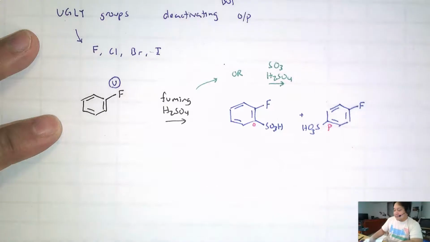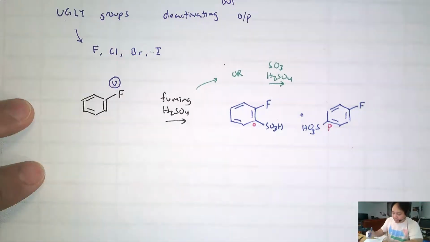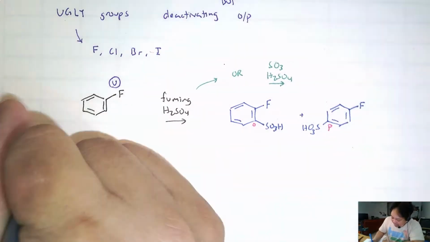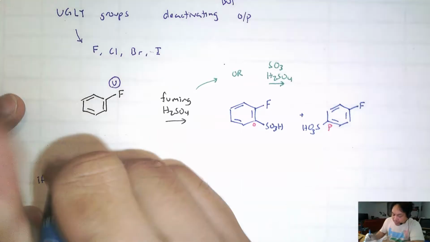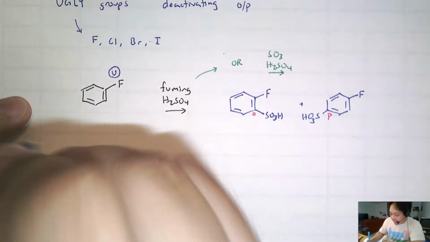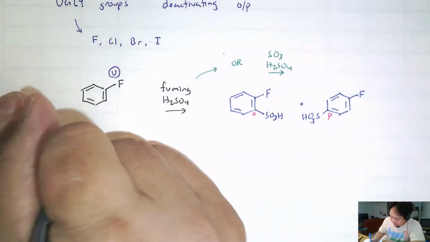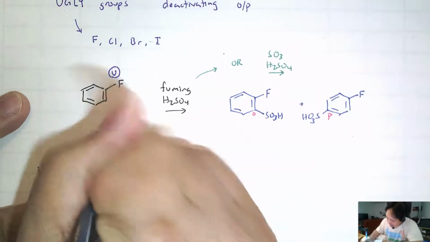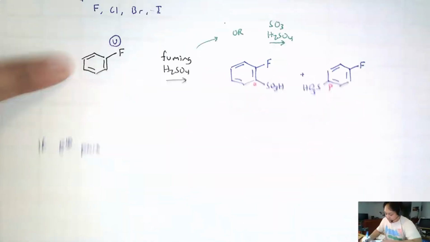Now, why is this favored to ortho and para? I'm not going to draw all the resonance structures. I'm not even going to draw the meta. But let's do a para location. We haven't done that yet together. If E, it goes para. And we'll use the fluorine.